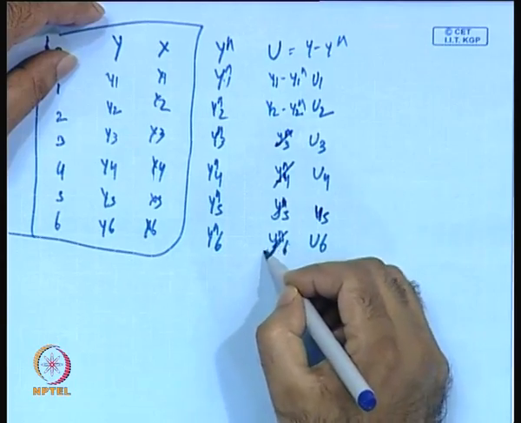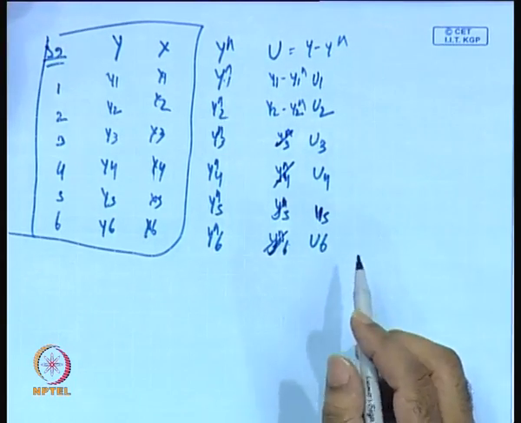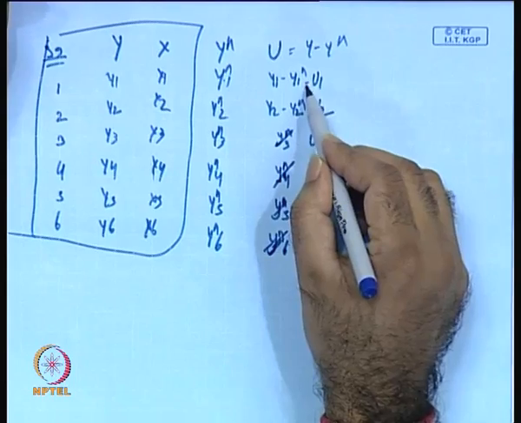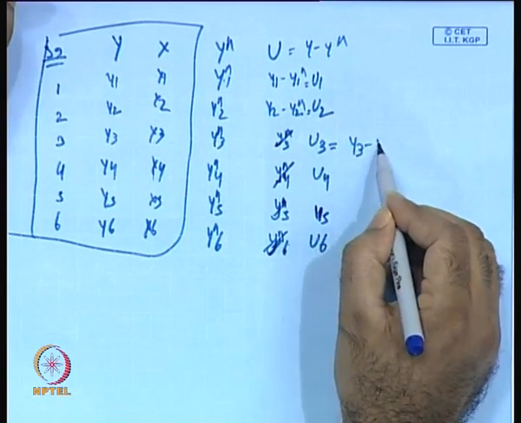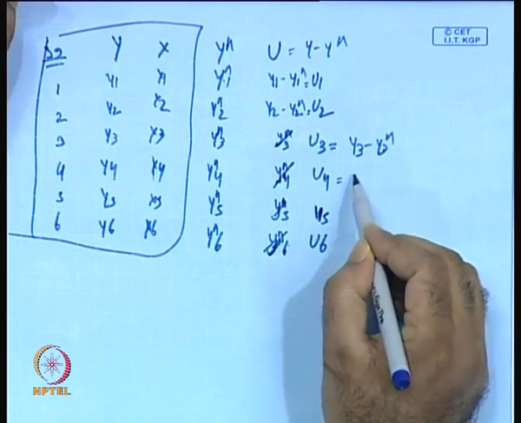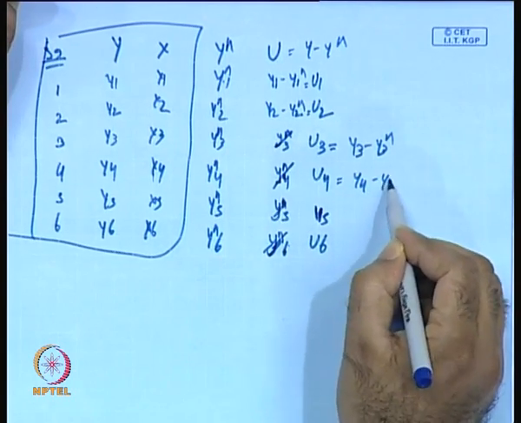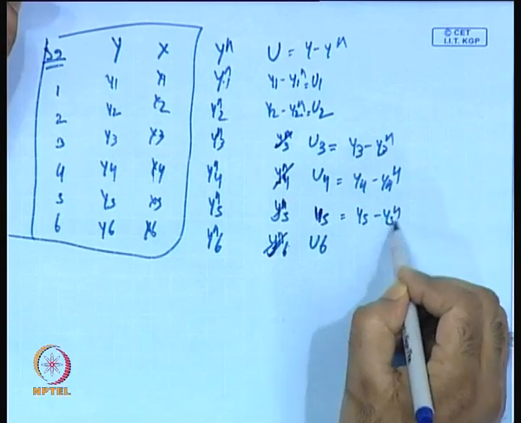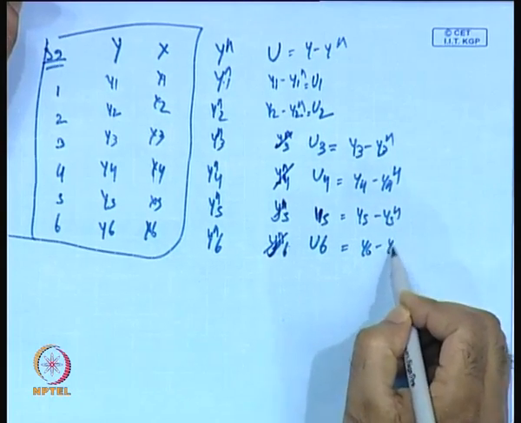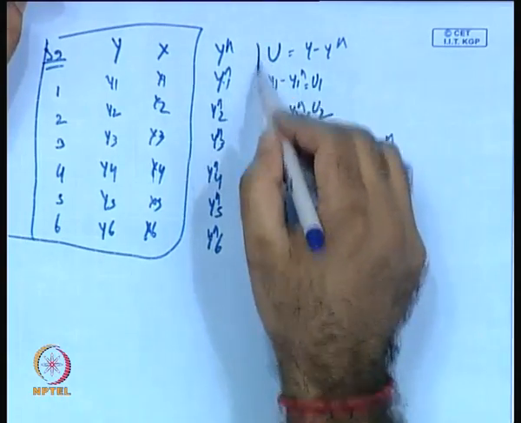This is the error term. So y1 equals this much, y2 is this much, y3 equals y3 minus y3 head, this equals y4 minus y4 head, then y5 minus y5 head, and y6 minus y6 head. This is how you will get this particular series.